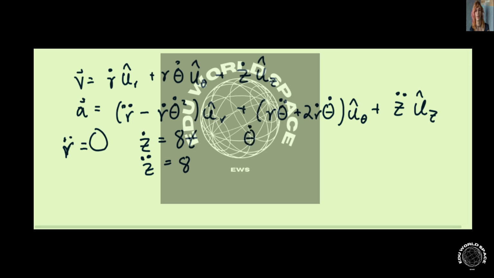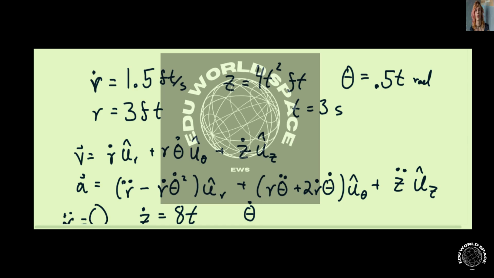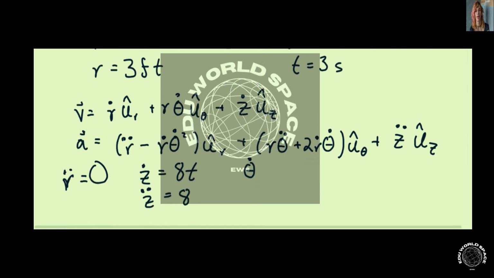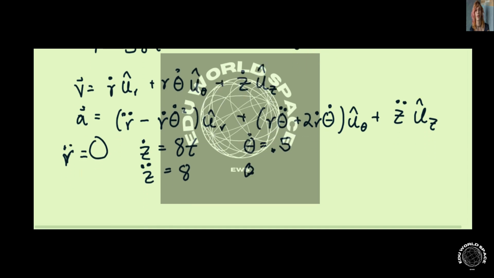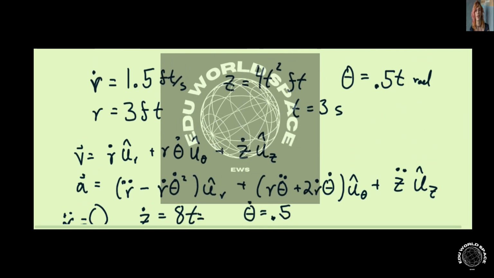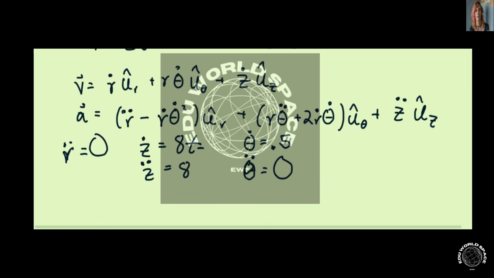Theta dot is going to be the derivative with respect to time of 0.5t, so that's just going to be 0.5, and theta double dot is going to be the derivative of this again, which is 0. We can plug in for z dot of t, since we have a specific time of 3 seconds, so that's going to be 3 times 8 is 24.